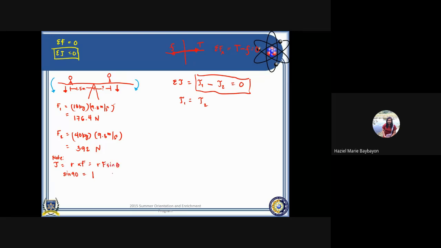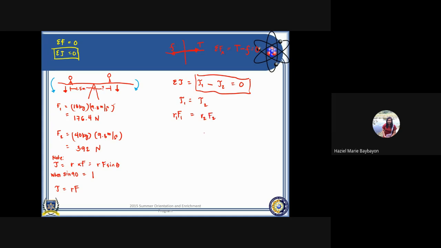When theta is equal to 90 degrees, the torque simplifies to just RF, since sine theta is 1. This applies if the force vector and R are perpendicular, which in our case they are. So R1 F1 equals R2 F2.